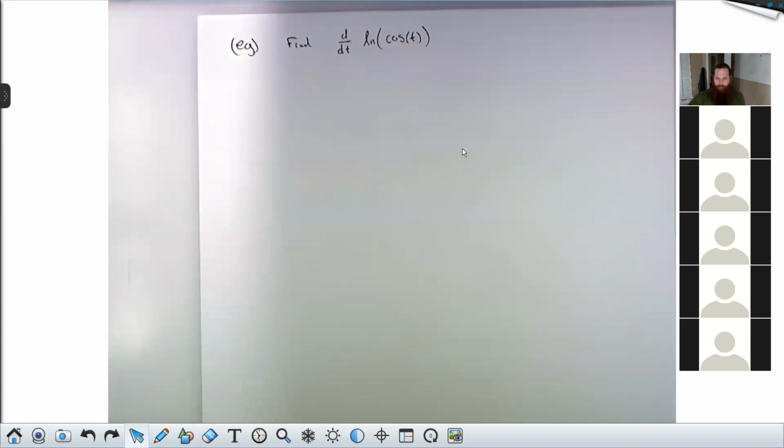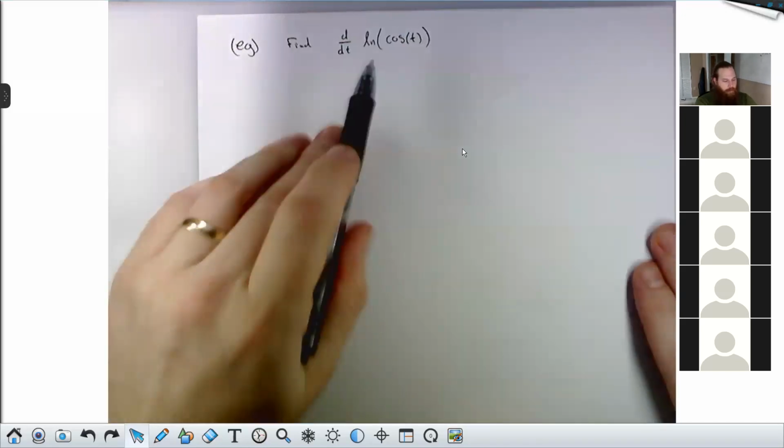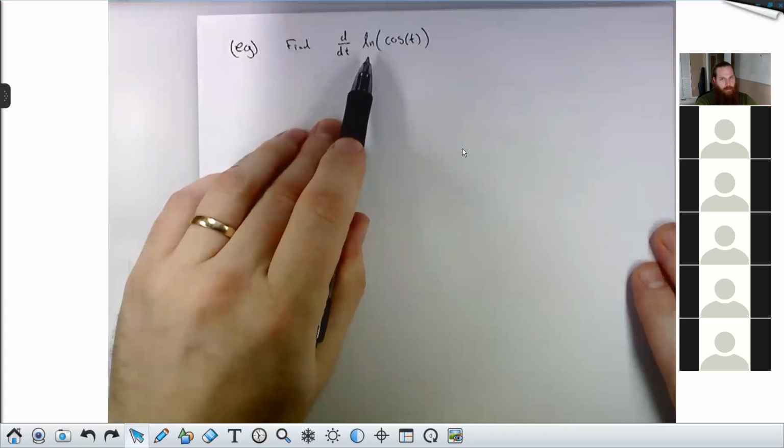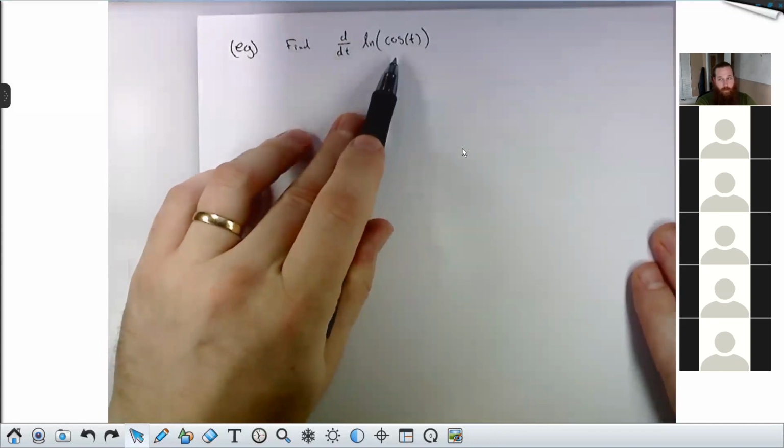This is going to involve the derivative of the log function and also the chain rule. So my outer function here is the natural log, and my inner function here is cosine t.